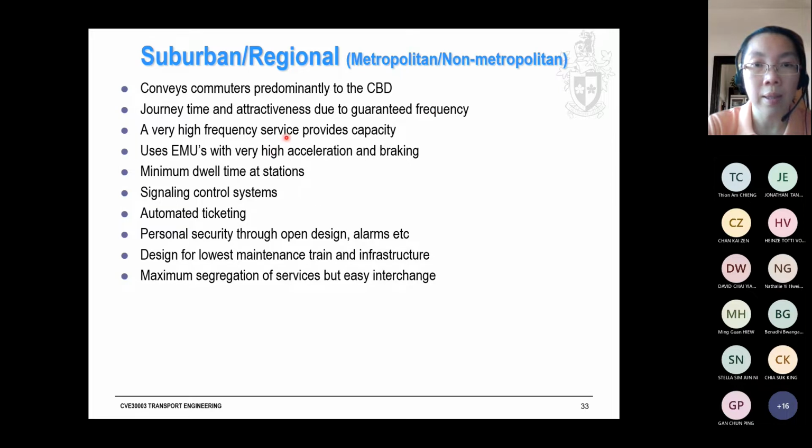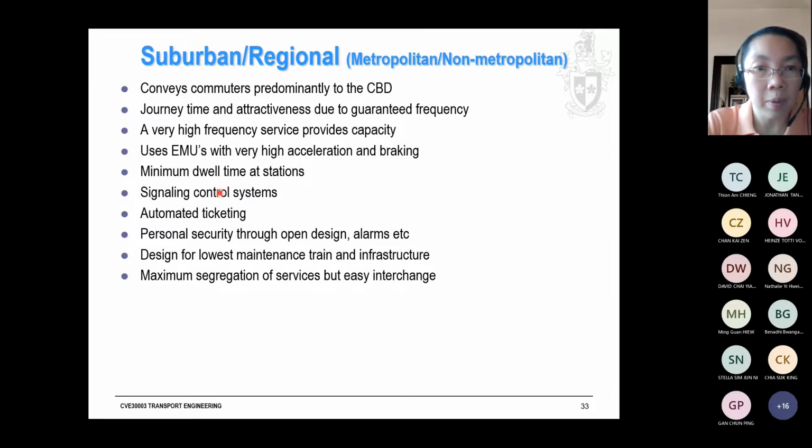A very high frequency service provides capacity, and it uses EMUs with very high acceleration and braking and minimum dwell time at stations. Dwell time here refers to the time it stops at a station. You also don't want the train to stop too long at the station because then it will be a waste of time.